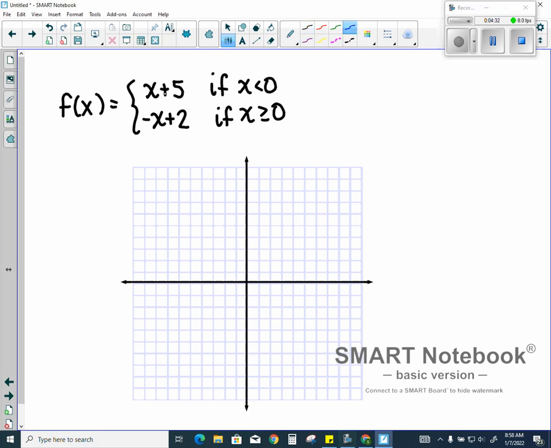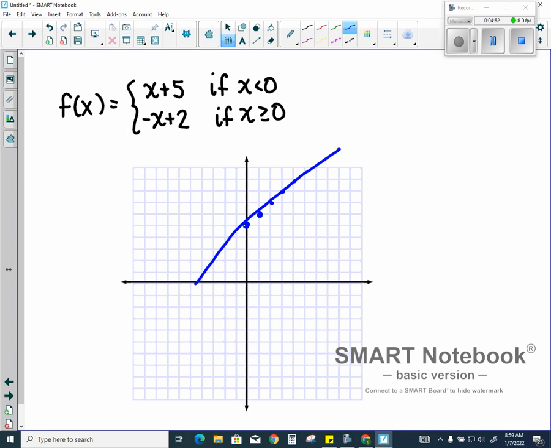Okay, so if I want to draw the graph y equals x plus 5, I know it goes through the point 0, 5. I know I have a slope of 1, so up 1 over 1. Okay. And I can connect the dots and pretend that that's straight.